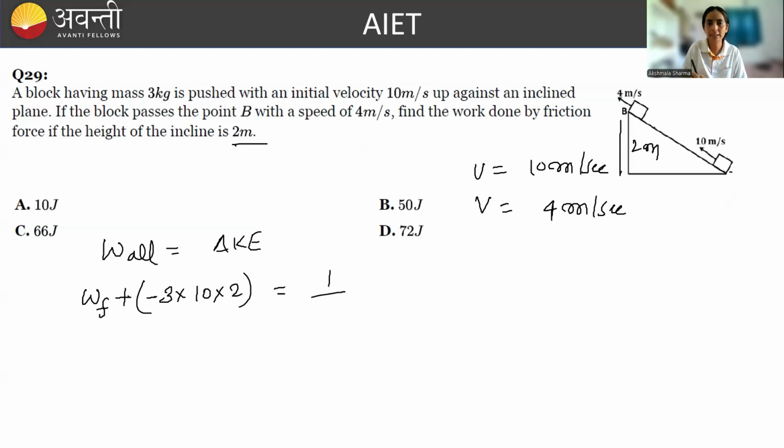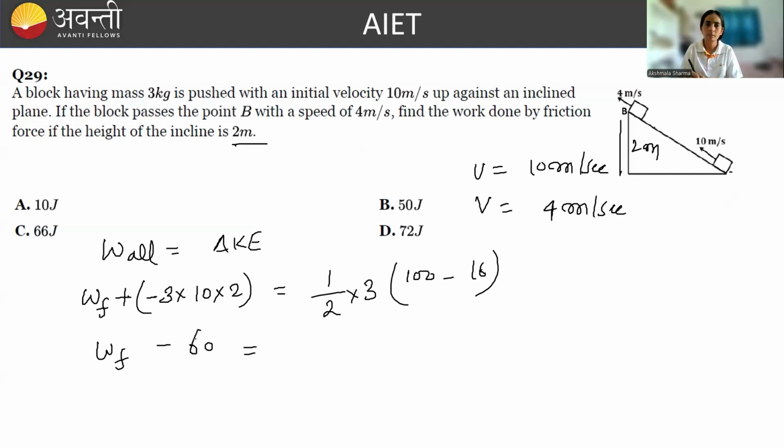Now the change in kinetic energy, half into 3 into v final square minus v initial square, that is 100 minus 60. So work done by friction minus 60 is equal to 3 by 2 into this, which will become 84, I guess. Yes. So this is equal to 42.